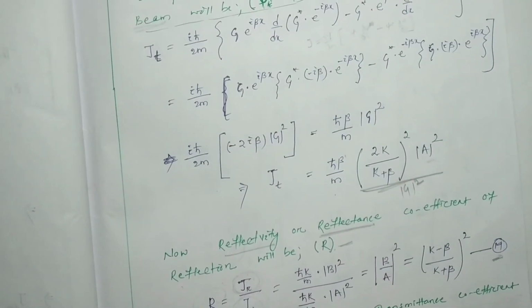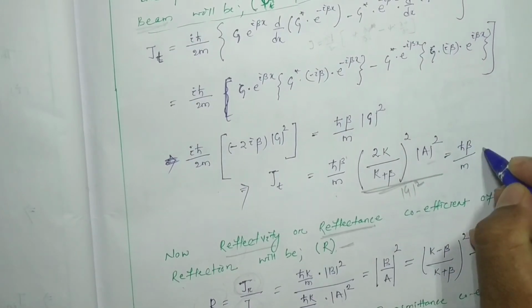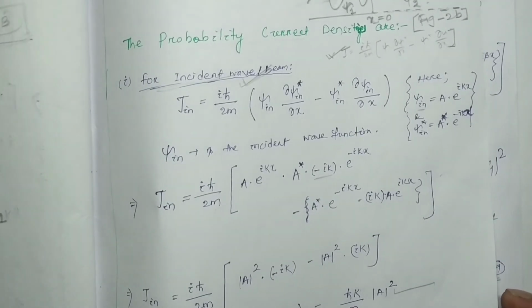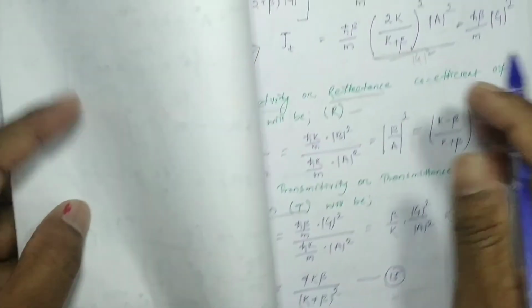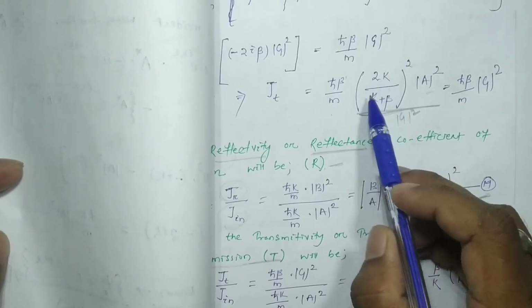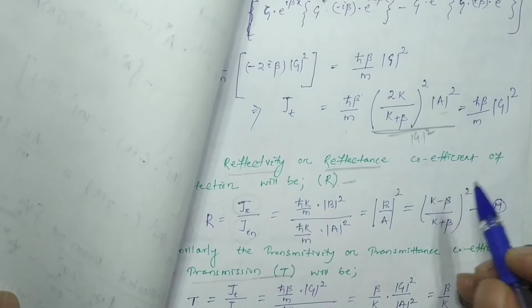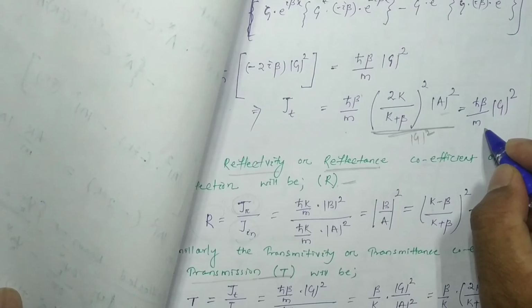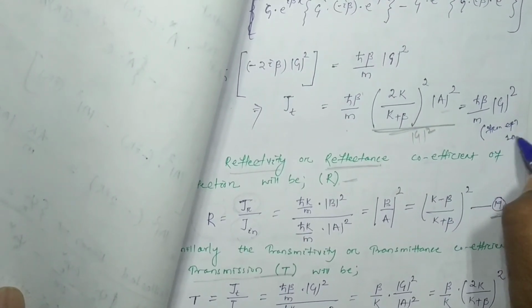Here you can write it itself, it will be better. This will be ħβ/m |g|², because g we found from equation number 10 as 2k/(k+β) into a.